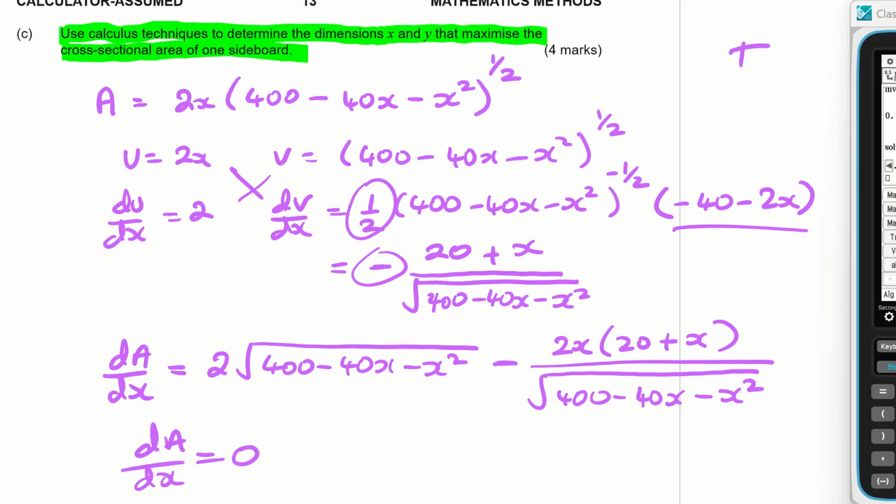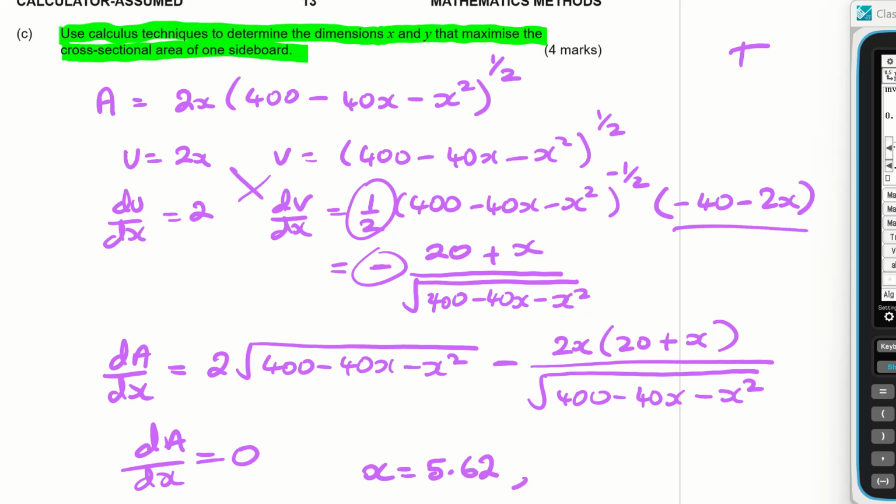Now I've gone ahead and solved that on my calculator, as you can see over here, because you can't really solve that manually easily. And there's a negative value and a positive value. It has to be the positive value, which we'll call 5.62. So x is 5.62.